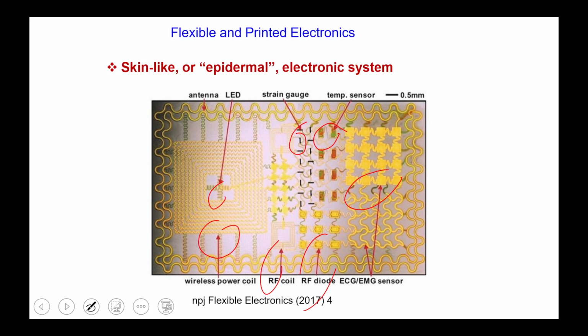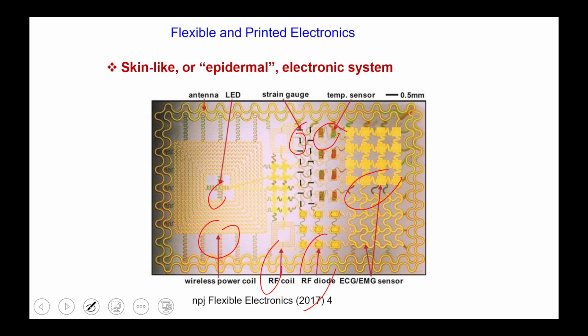All these sensors we can integrate on skin. You can see in this diagram that we have the wireless power coil, meaning wirelessly we can charge or supply the power. We have the RF coil if our work is radio frequency based, or if we have to supply a magnetic field. We have the RF coil, RF diode.